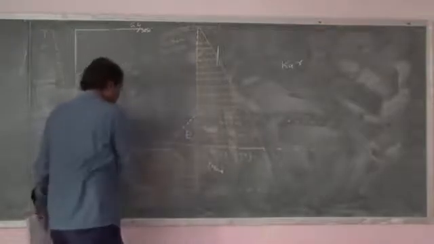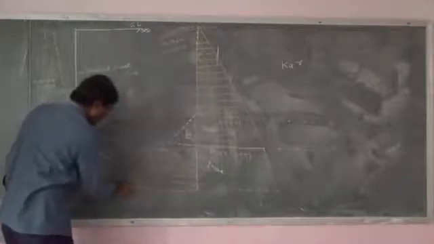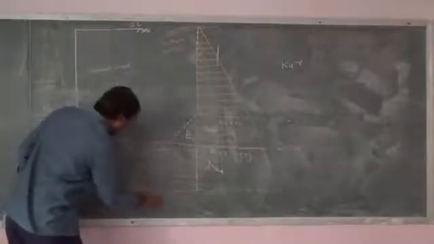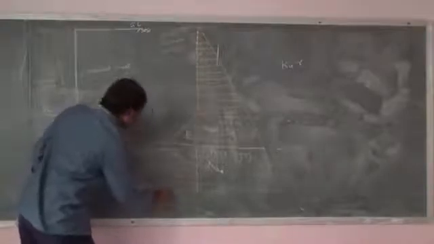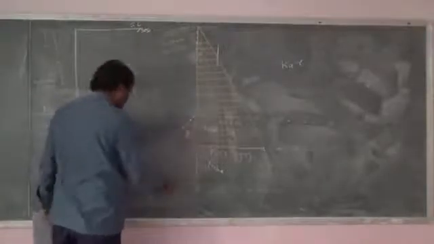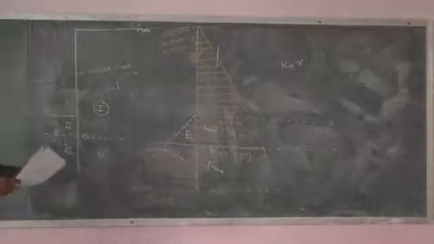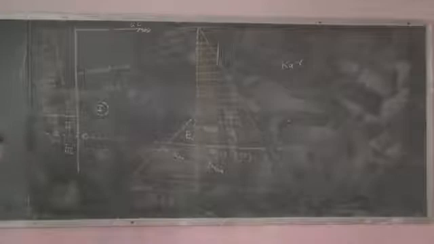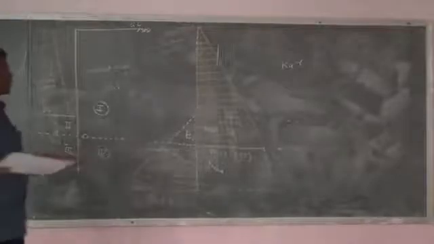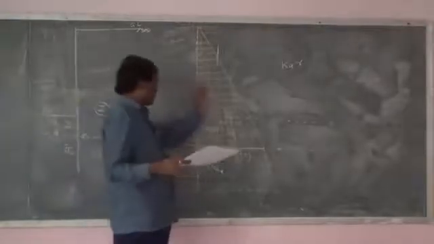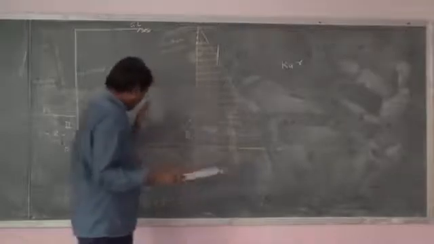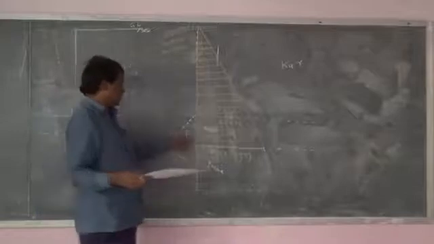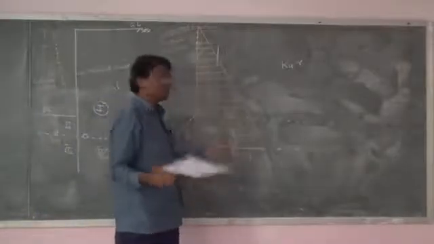Tell me, this is the triangle. What is going to be the base of this one? The base of this is going to be Ka gamma into height from here to here, which is d. So this is going to be Ka gamma d. Things are clear now? So the active pressure diagram for the first portion is like this, and for the third portion is like this. All these basic things you have learned in earth pressure.